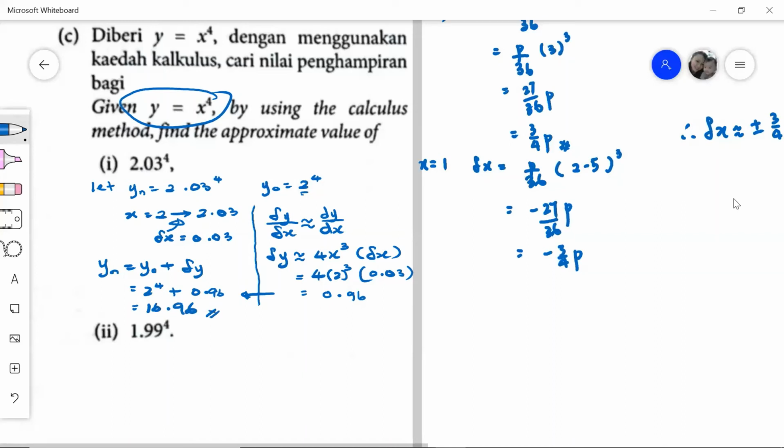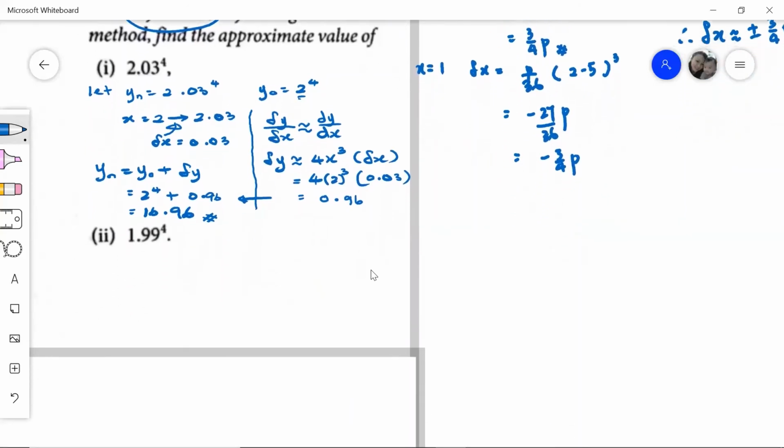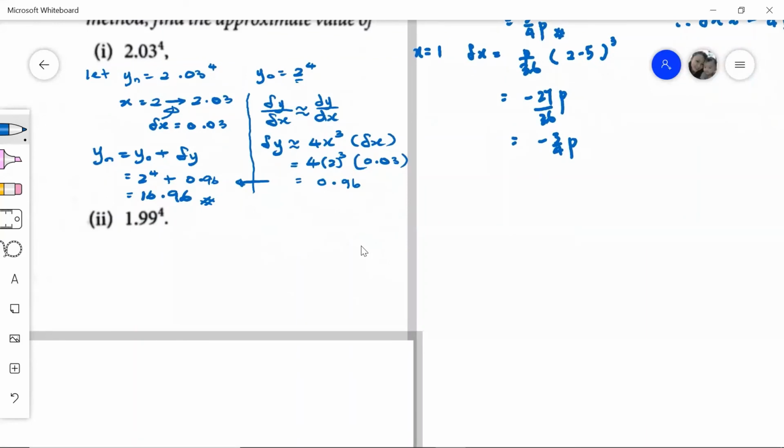So this is the approximate value of 2.03 raised to the power of 4. Okay, so this is question C, part 1. Likewise, we can find part 2, 1.99 to the power 4.